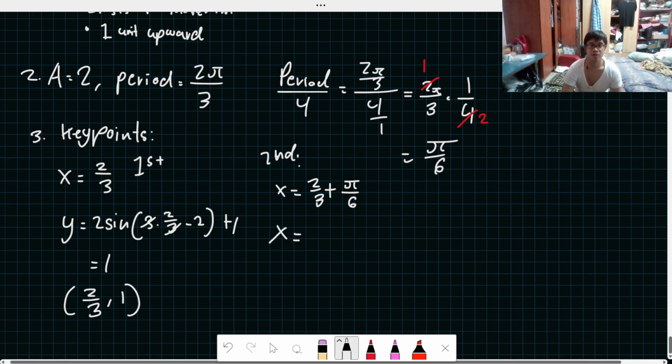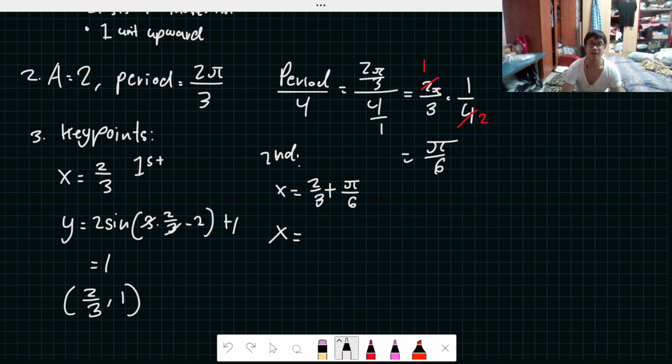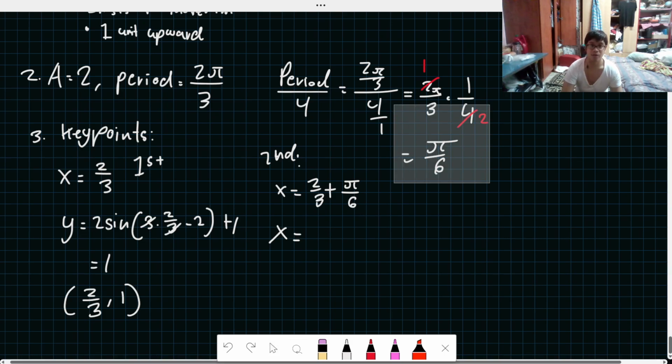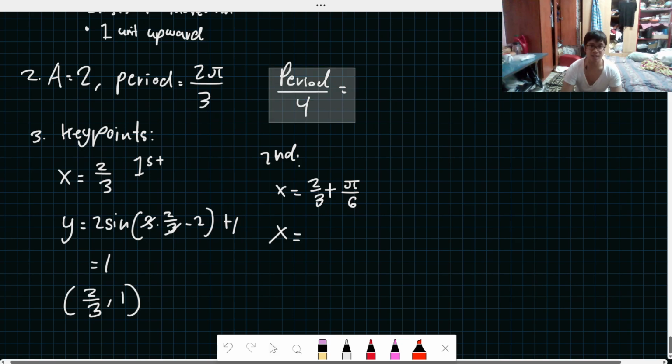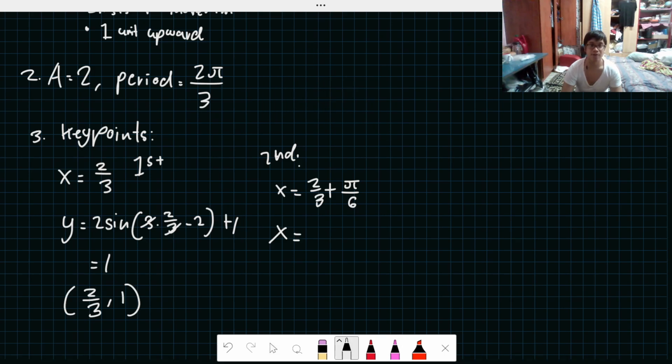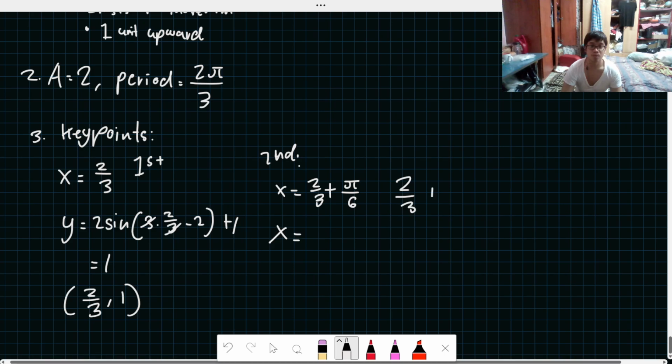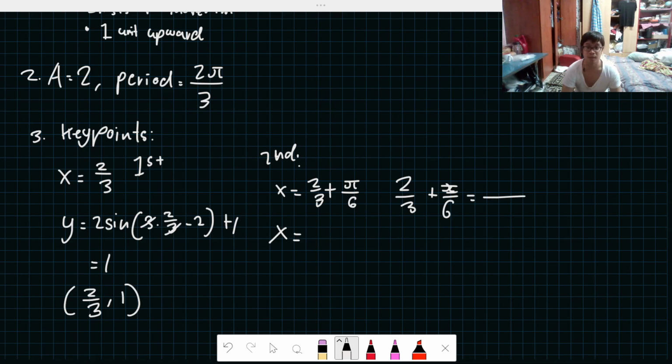All right. So here, if you're going to add a fractions where the denominators are not the same, you will do the butterfly technique. To give you an idea, it's just like this. You have 2/3 plus pi all over 6. In this case, for you to get the numerator, you just need to do cross multiplication.